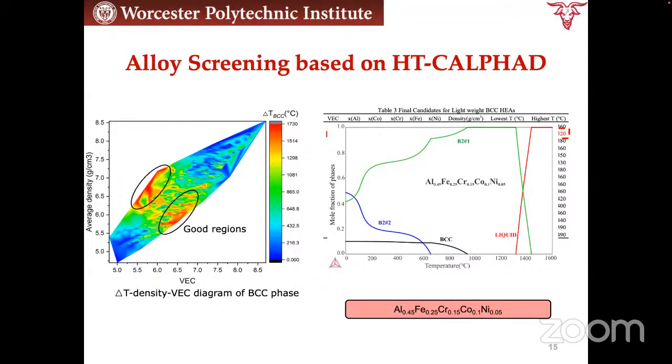For example, here we can predict some good compositions and figure out roughly how the properties will change with temperature. Then we need people to actually do the experiments. We actually plan to purchase a furnace to make this alloy, make some small buttons, and then check the microstructure to see how this works. Exciting. Thank you.